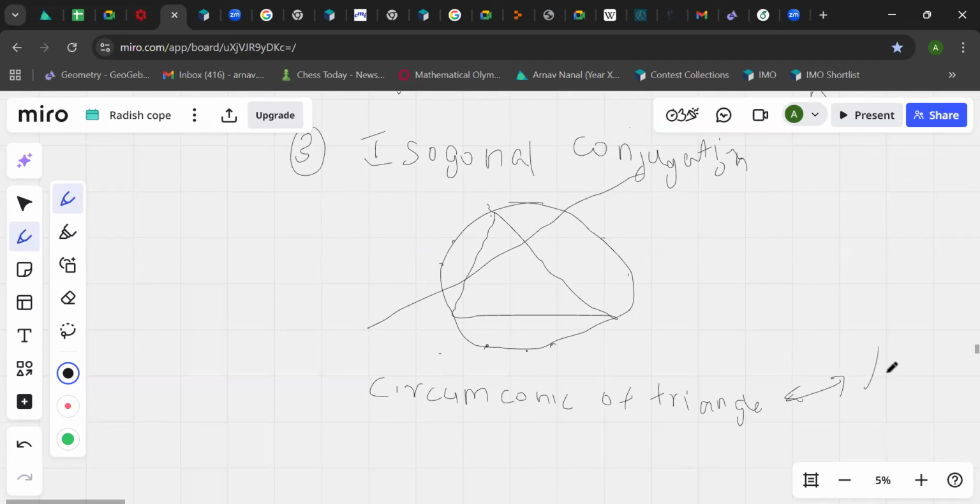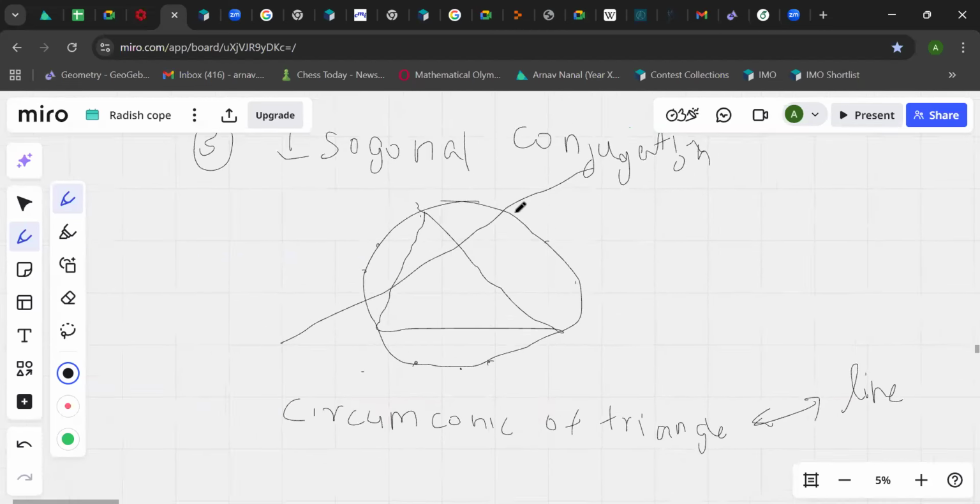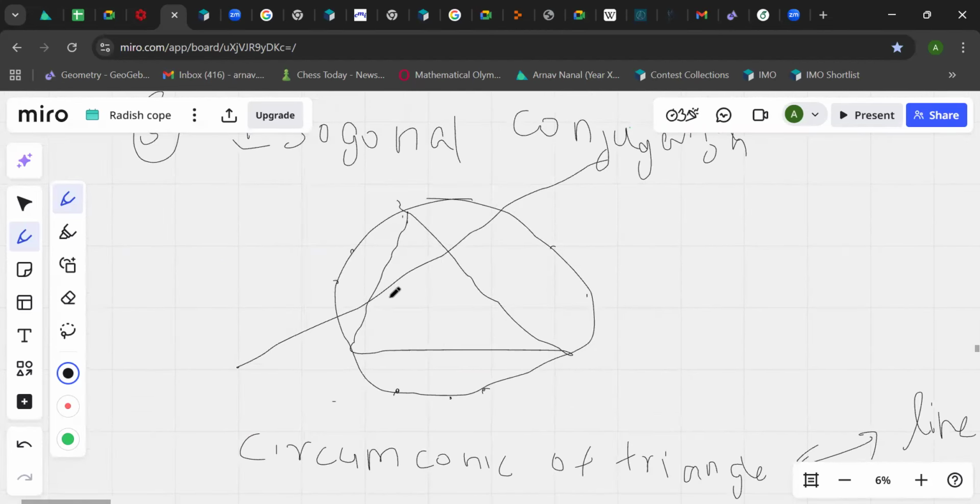Under the conjugation, it goes to some line not passing through any of the vertices. Again, you can show that, but I won't show it right now. You can talk to me later if you want to know about it. I'm just saying it because that's not quite the interesting part.